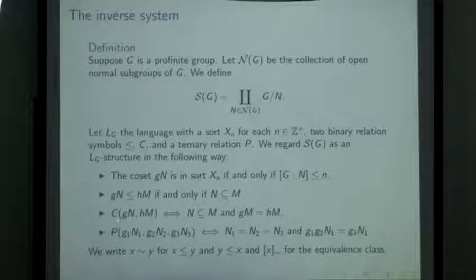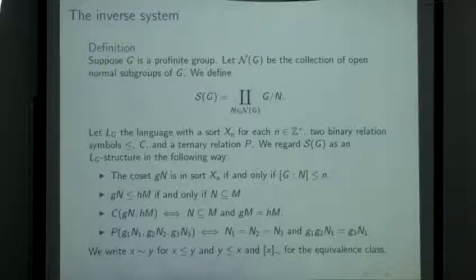The graph of that projection is coded by this relation C. And then on each finite quotient, I have multiplication, and the graph of multiplication is coded by this relation P. So if I have n1, n2, and n3, all cosets of the same open normal subgroup, then the relation holds if and only if I have the appropriate multiplication. Now this is a preorder, this partial order symbol.